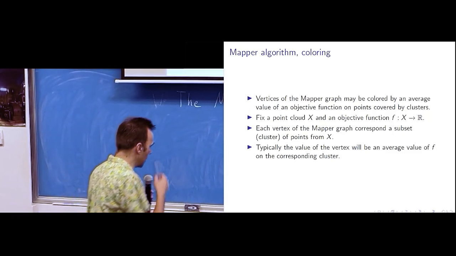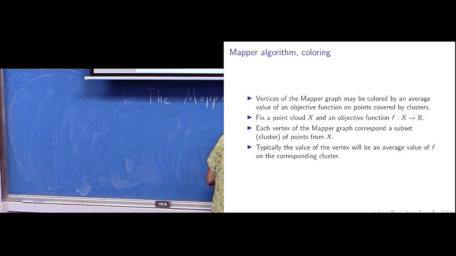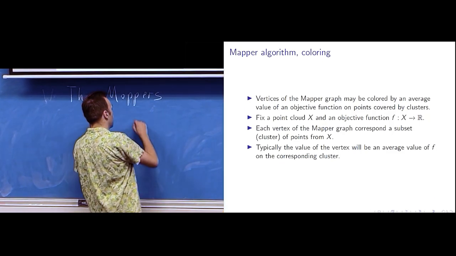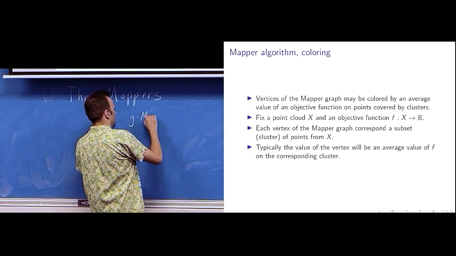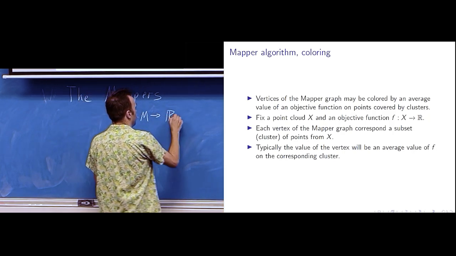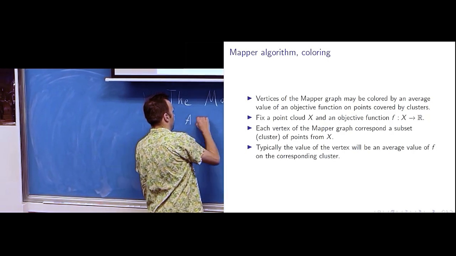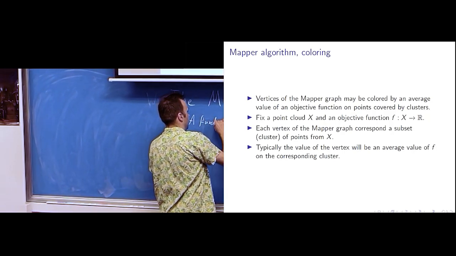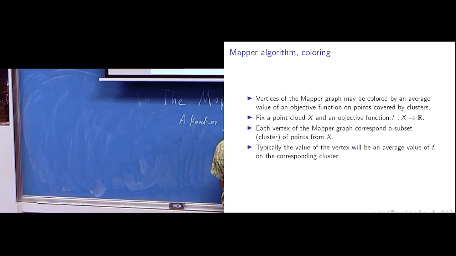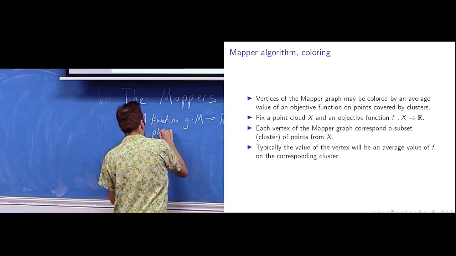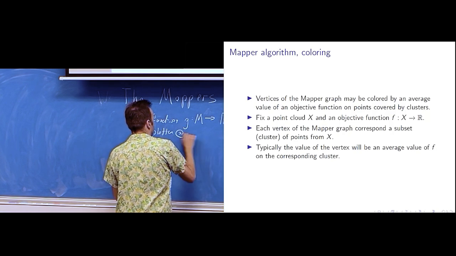I always like to think about Mapper as a way of plotting a function. So I have another function g from our manifold to the real numbers, and that function may be plotted on the Mapper graph.